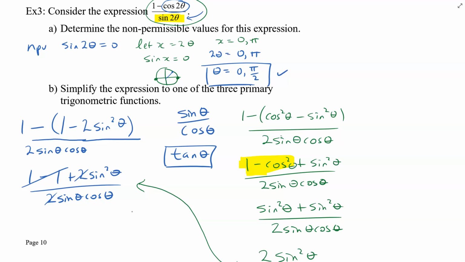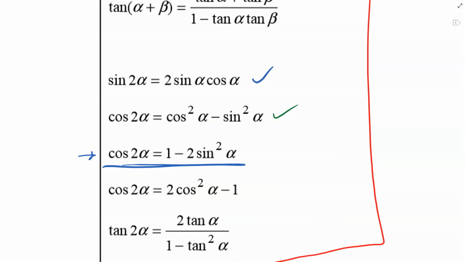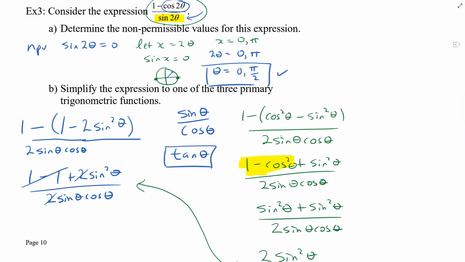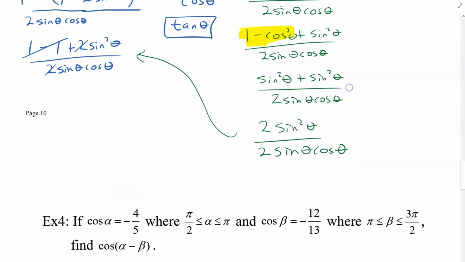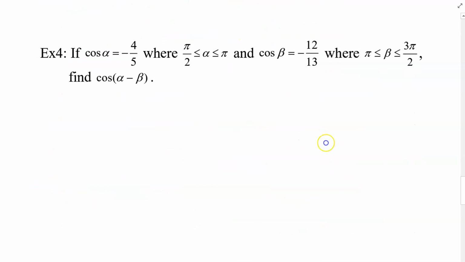So really, those three versions of cos 2 theta, these three here, are just variations of a theme using that sine squared theta plus cos squared theta equals 1. And so if you pick the wrong one and you're good at doing what I just did here, 1 minus cos squared theta is equal to sine squared theta, you can still use any of them at any point in time.